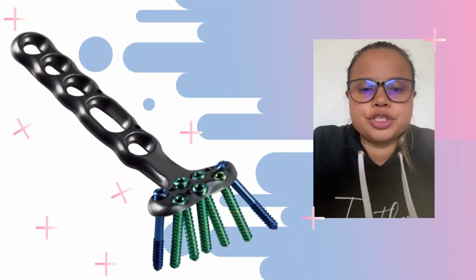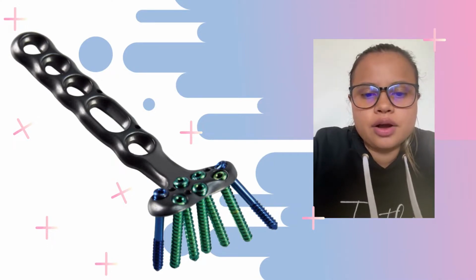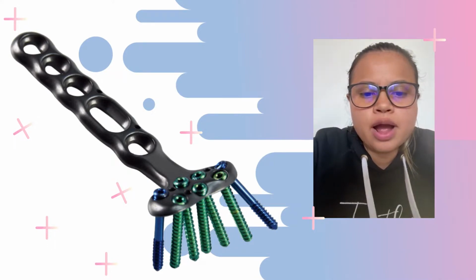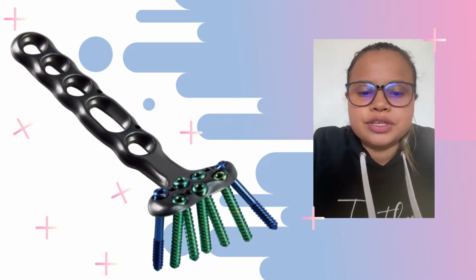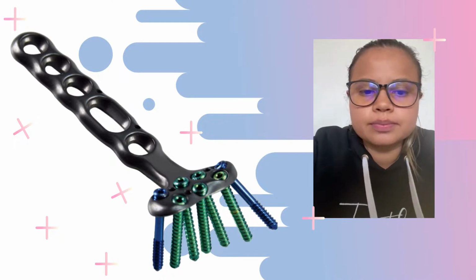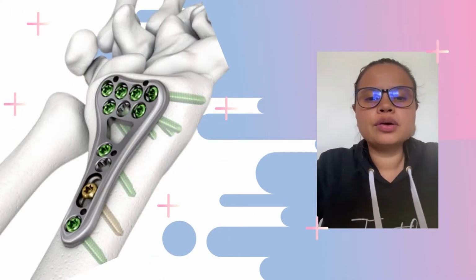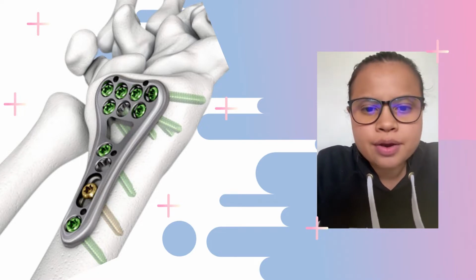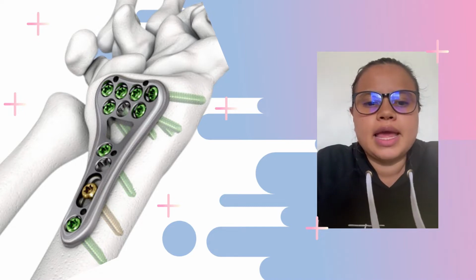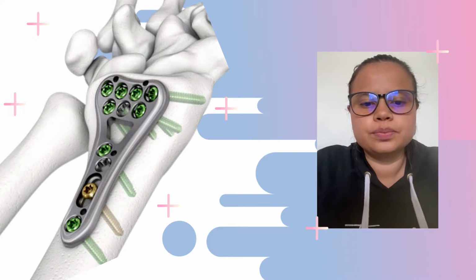Features: shortest plate 43 mm, longest plate 71 mm, distal width 35 mm. Screw systems: 2.5 mm conical screw, 2 mm lock screw, 2.5 mm lock screw.